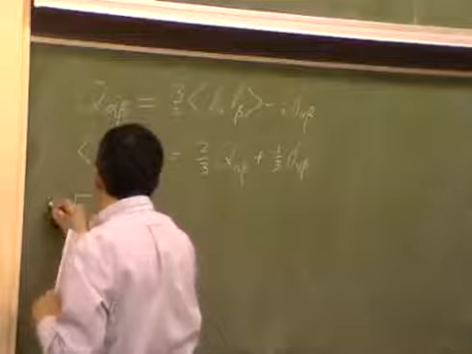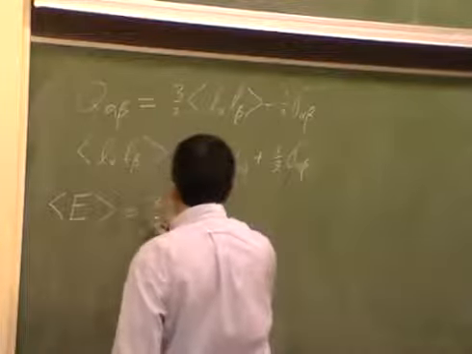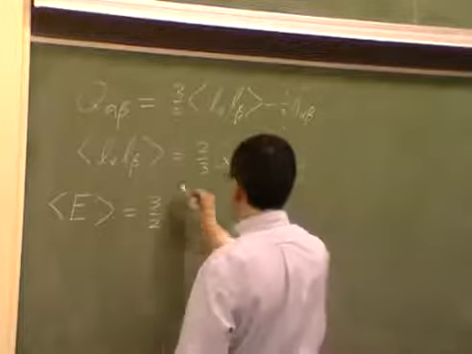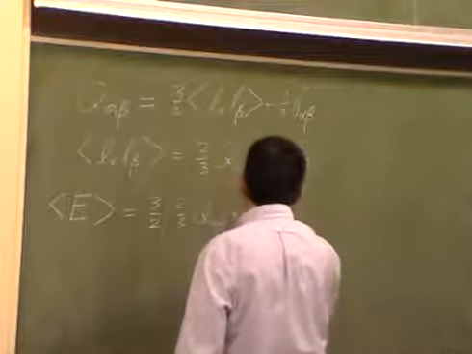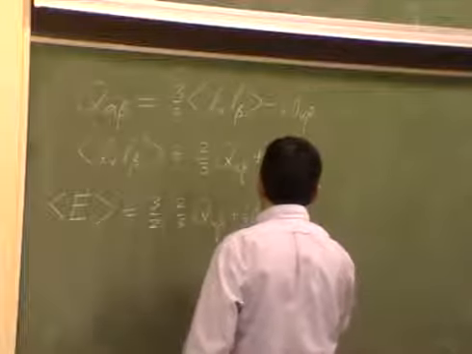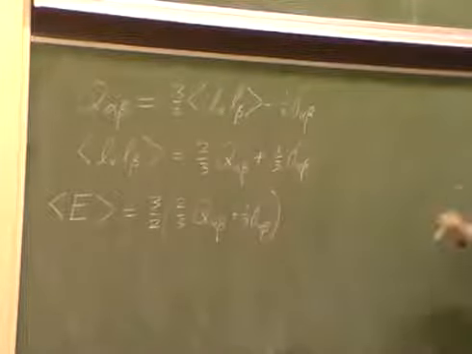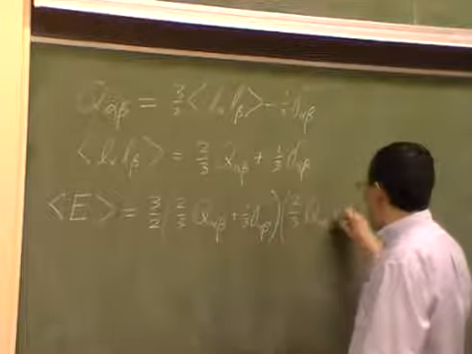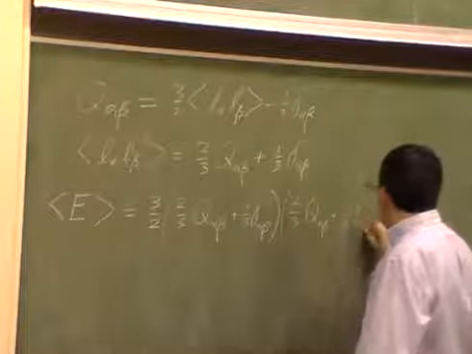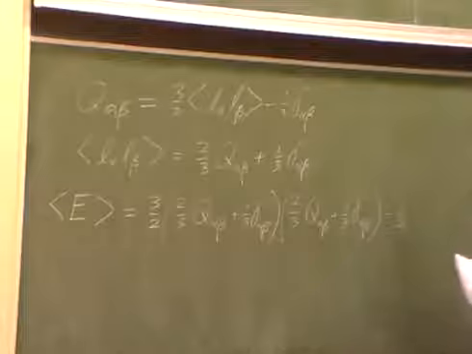So the average energy is going to be 3/2 of 2/3 Q alpha beta plus 1/3 delta alpha beta for site i, then the same thing, 2/3 Q alpha beta plus 1/3 delta alpha beta for site j, minus 1/2.